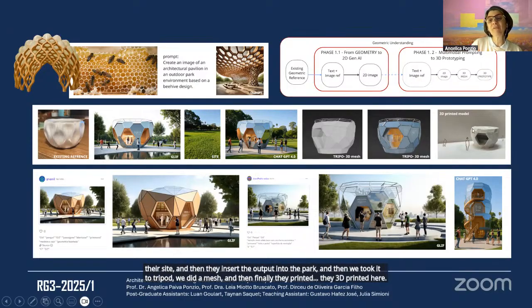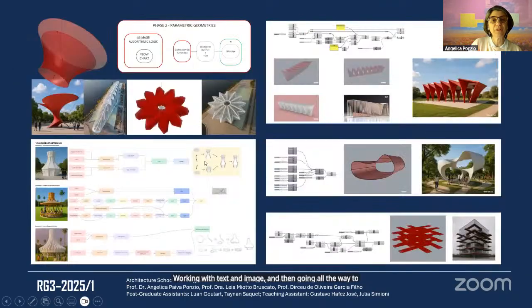And then after that, we also asked them to try different materials and places and try to change and exchange and see how they can work with it. So this is the initial pipeline of the semester, working with text and image, and then going all the way to 3D printing.